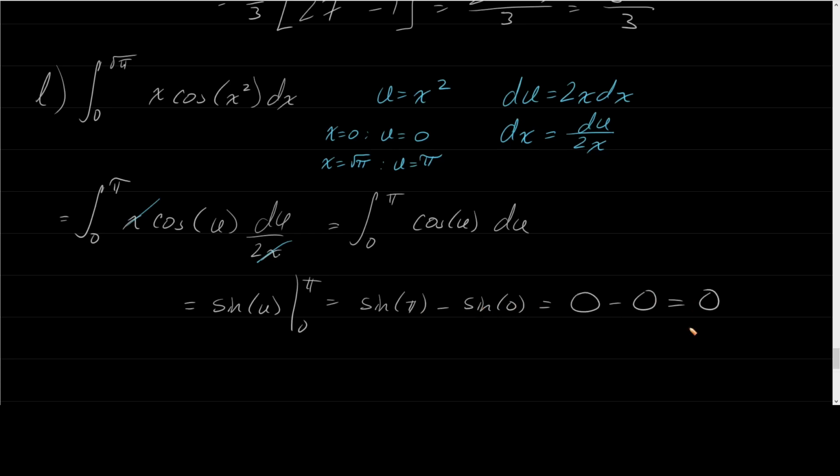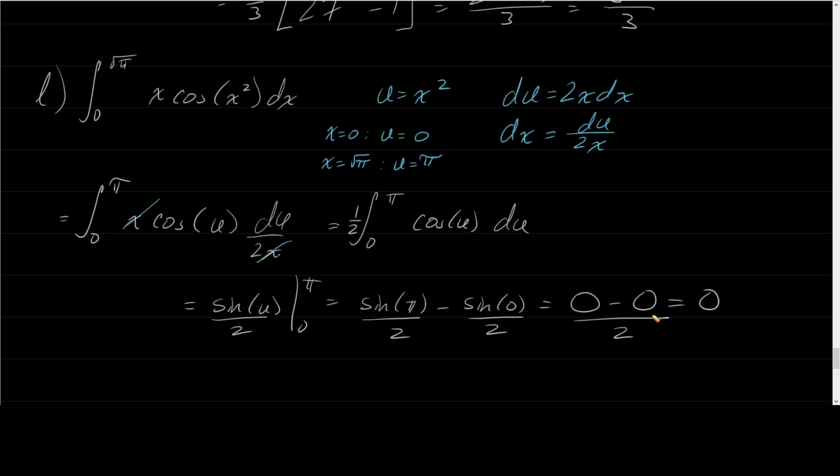I should make a note here that I missed out on this too: there's still a 1/2, technically over 2, but that's just 0. So again, the idea is that you have to make sure to change the bounds as well.